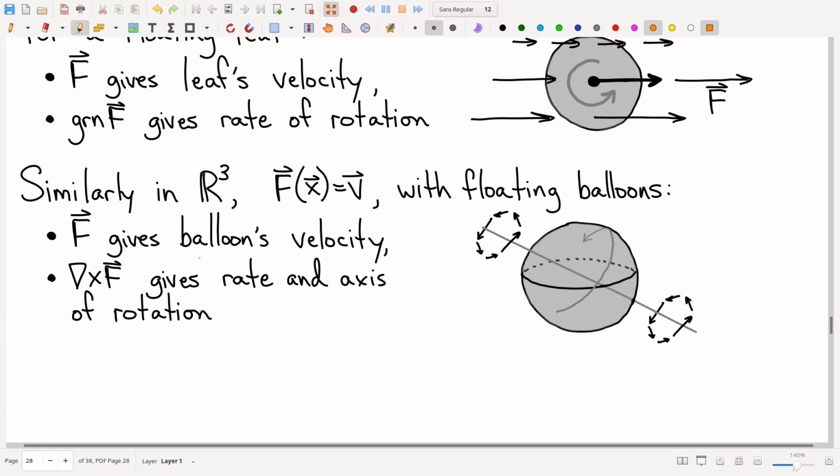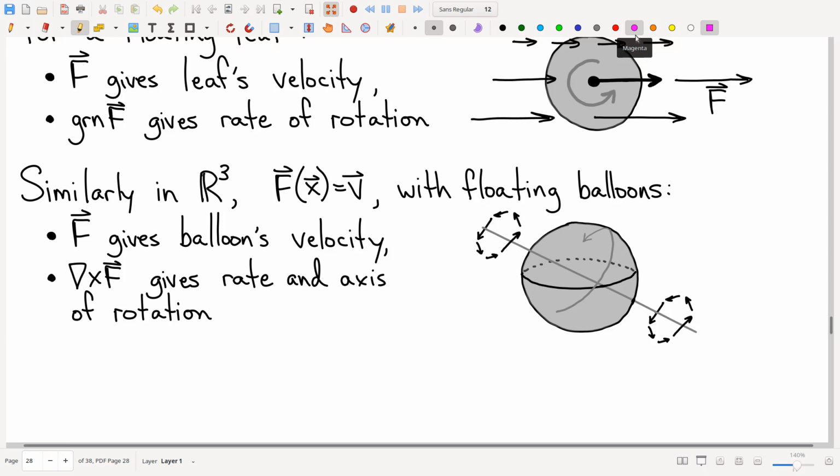Okay, what do the balloons do? They do exactly what the air tells them to do, right? If the air starts going that way, the balloons start going that way. Likewise, how do they rotate? Well, the rotation of the balloon is consistent with the rotation of the air. If the air is kind of doing like this, the balloon's going to do the same thing. It's being pushed along by the air.